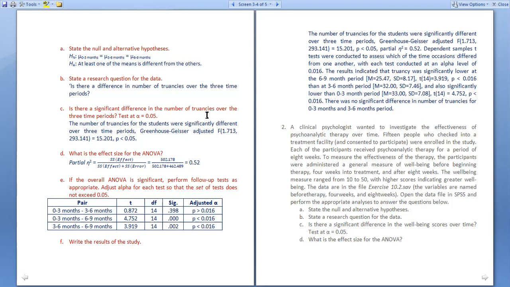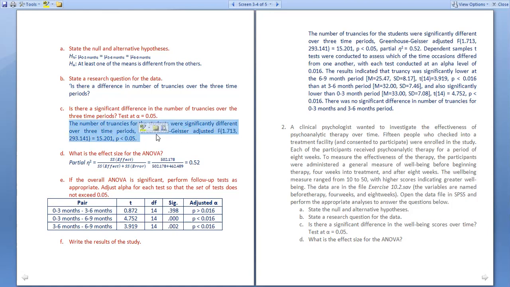The research question has been stated: is there a difference in the number of truancies over the 3 time periods? So that is what we are actually looking at. Now the question, which we are mentioning here from the analysis we have done right now: is there a difference in the number of truancies over the 3 time periods? So the number of truancies of the students were significantly different over the 3 time periods.